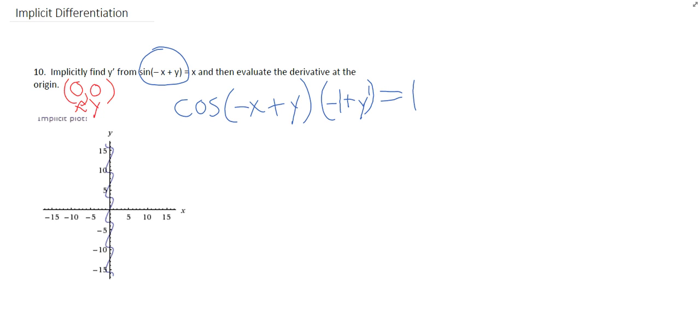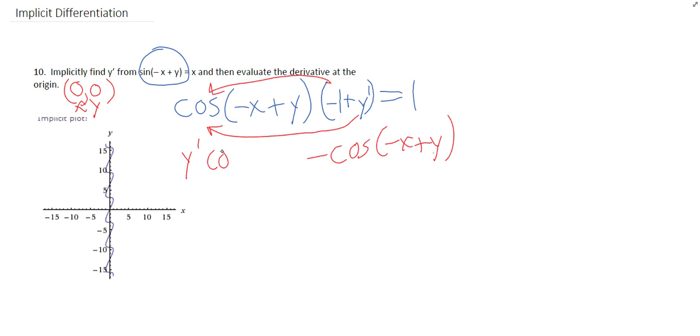Now we have to solve for y prime, and of course we have to separate these guys out. So we're going to distribute a negative 1 to cosine, and we get negative cosine of negative x plus y, and then we'll distribute this, and we have y prime cosine of negative x plus y, and still equals 1.